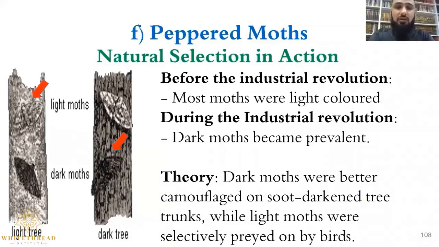Then 200 years ago, when the Industrial Revolution started, the black moths started to increase in frequency and the white moths started decreasing because of the action of natural selection. The theory was that dark moths were better camouflaged on soot-darkened tree trunks, while light moths were selectively preyed on by birds.